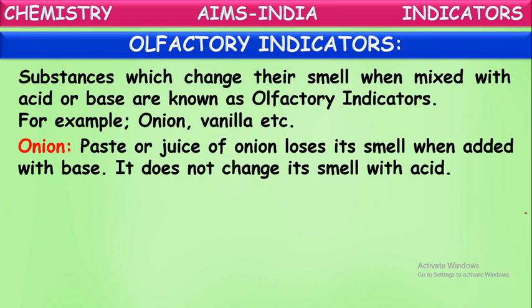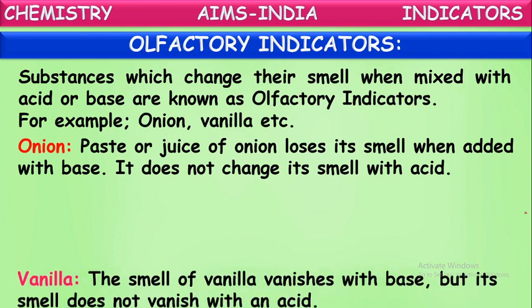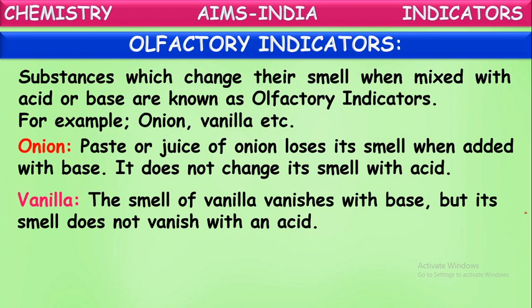So here what is happening? The smell is being changed. So the bases are detected by using the smell of the onions. Such kind of indicators are called olfactory indicators. One more, vanilla essence. The smell of vanilla vanishes with bases, but the smell does not vanish with an acid.